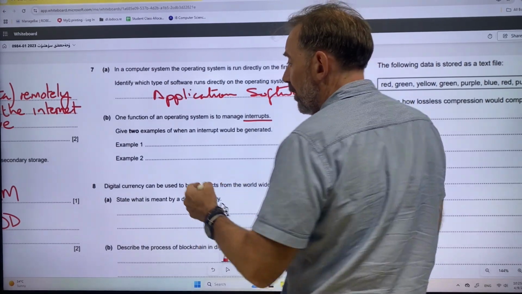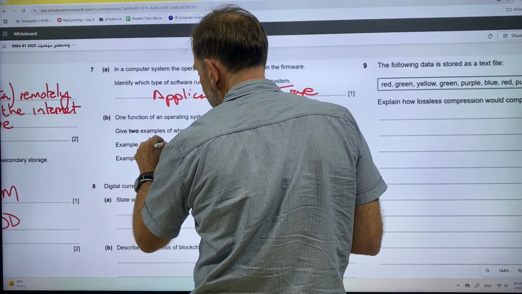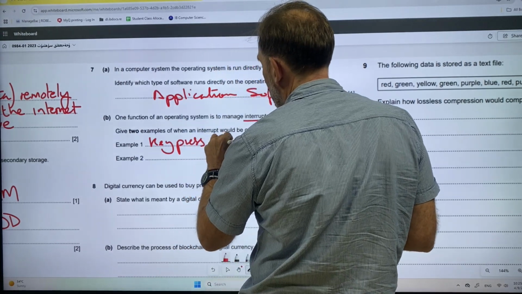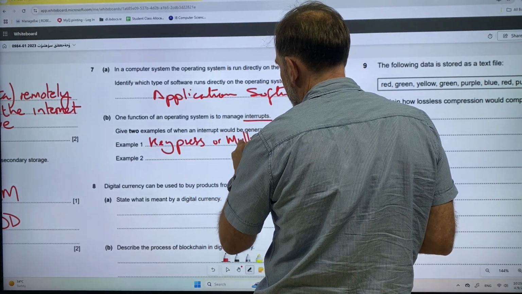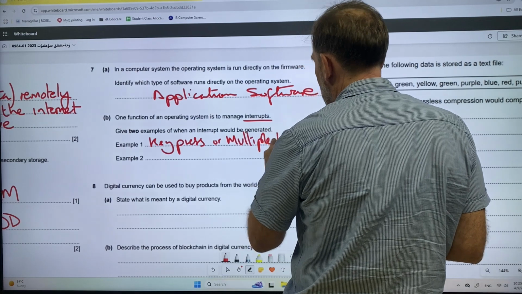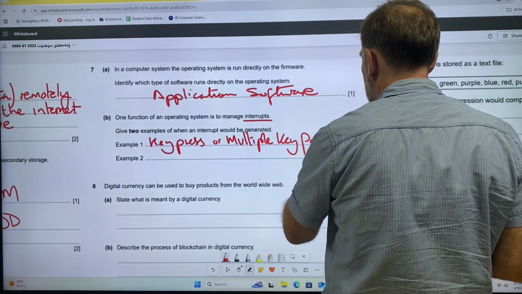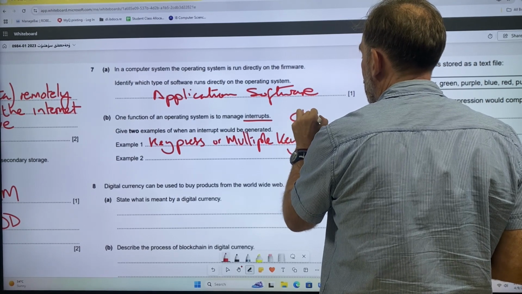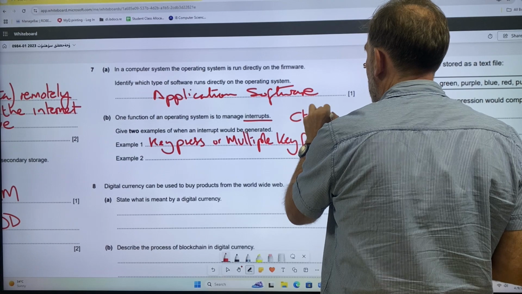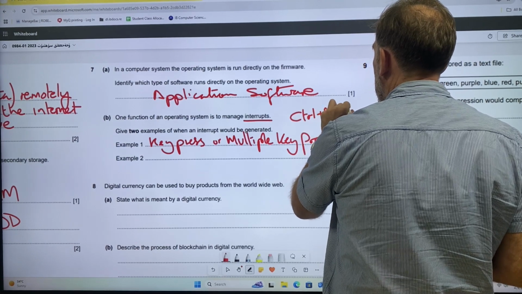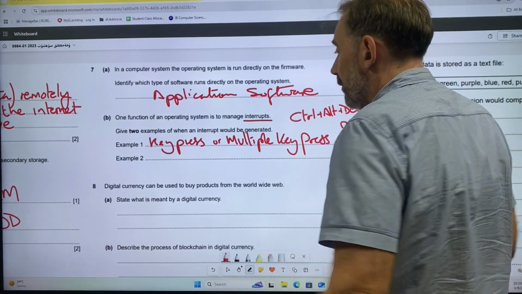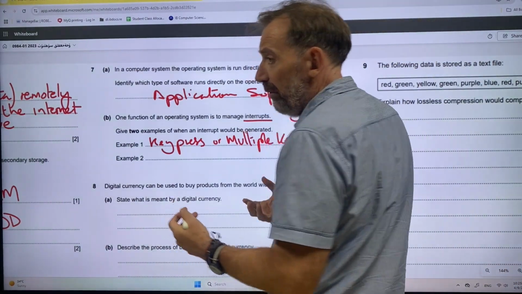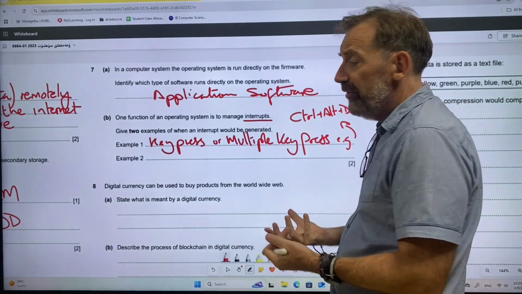So key press or multiple key press, e.g. Control Alt Del.